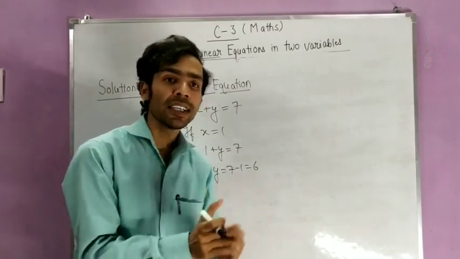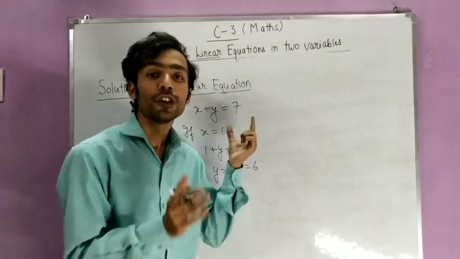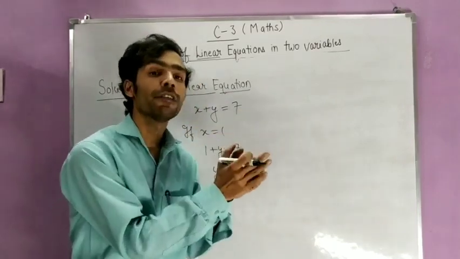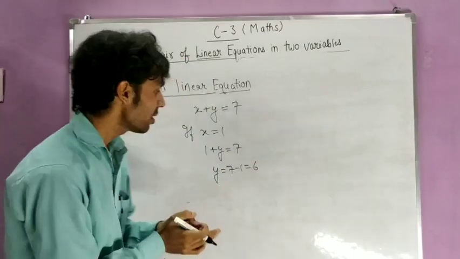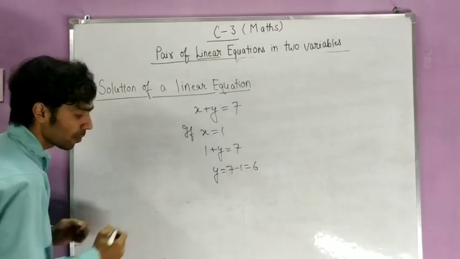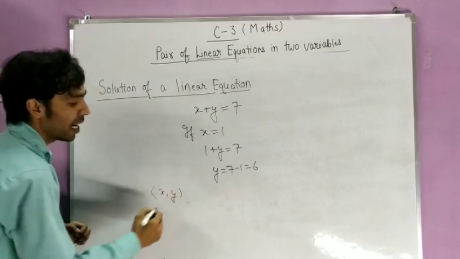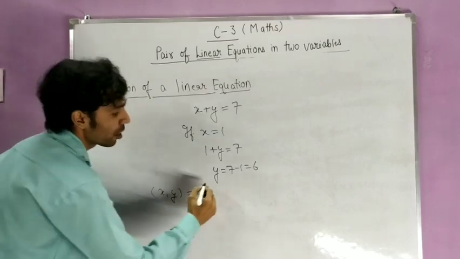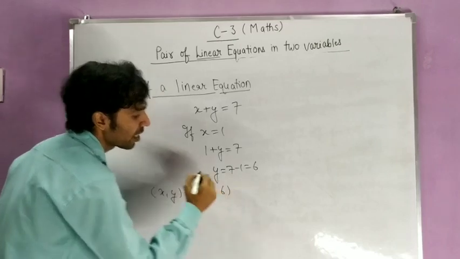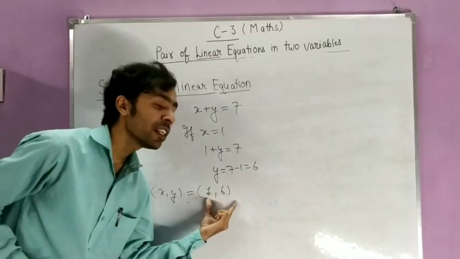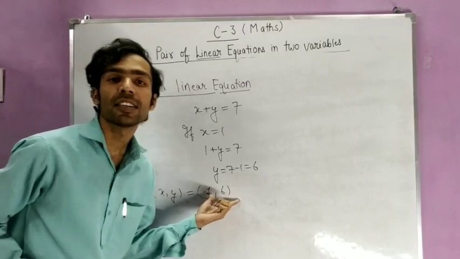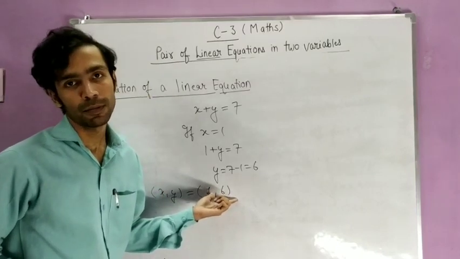So when you write the solution of the equation, you will write it as a pair of values of x and y. The value of x and y is 1 and 6. So this (1, 6) is the solution of the equation.